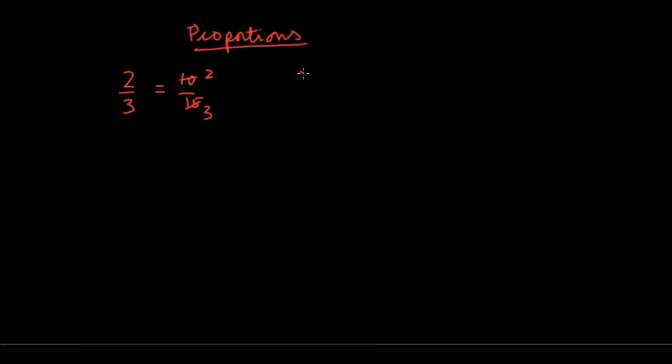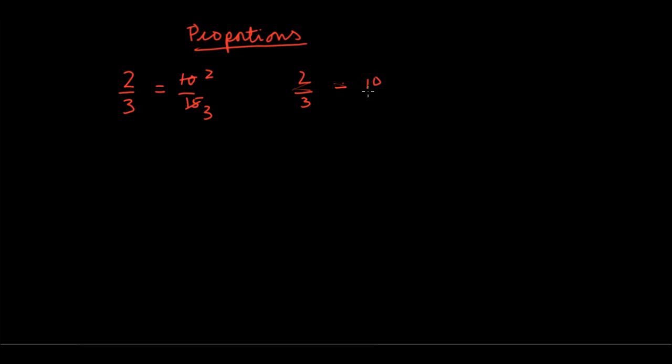So whenever you have two ratios that are equal, so 10 over 15. So whenever you have two ratios that are equal to each other, they are called a proportion.